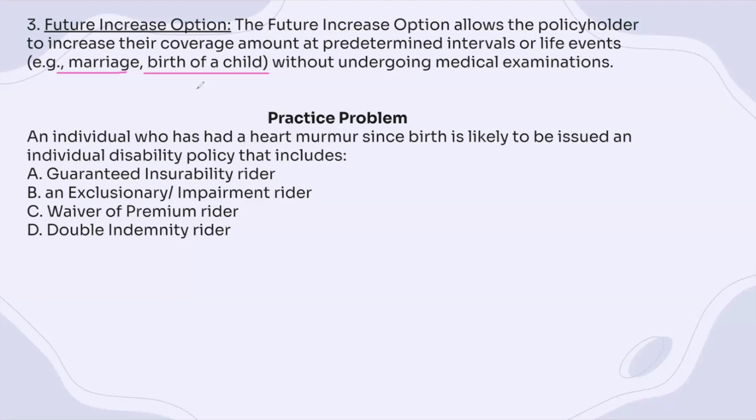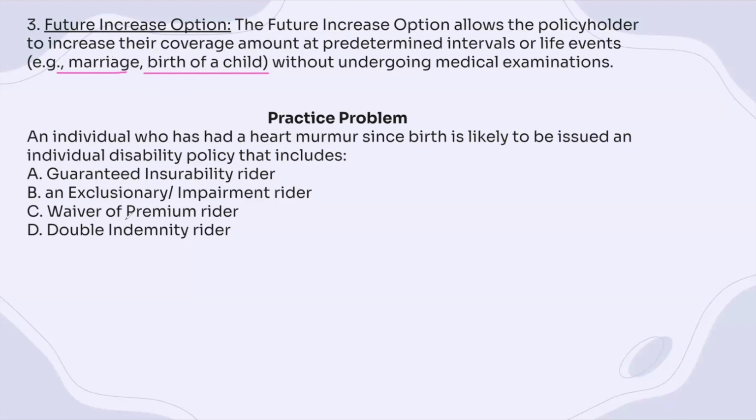There are also certain times we've looked at with occupation, in topic 1, that might allow for the policyholder to increase their coverage. And it really all depends on the specific insurance policy, and they do specify what the predetermined intervals are, what the predetermined life events are. But we just do want to know that this rider is there.